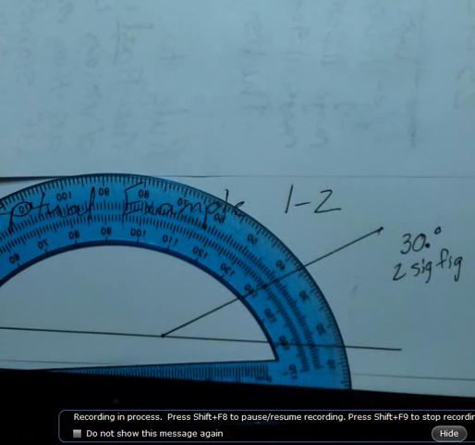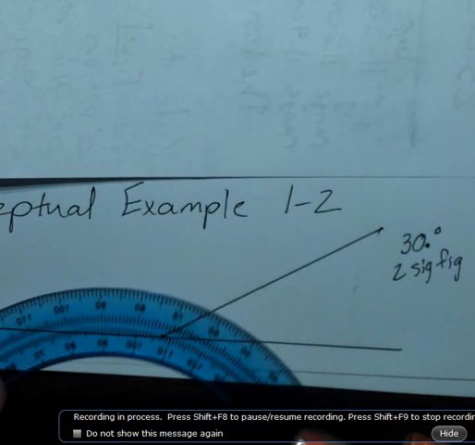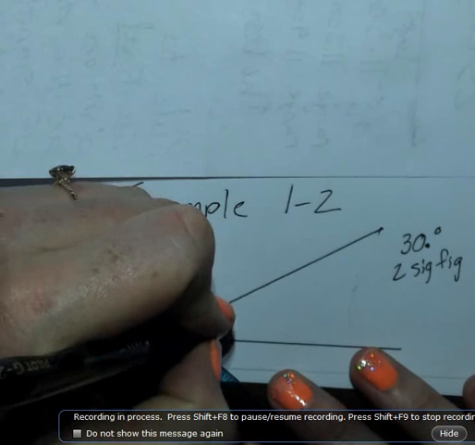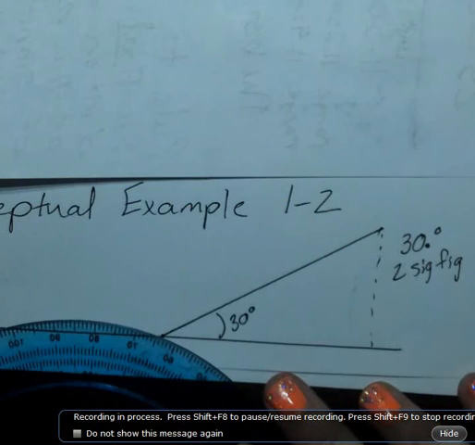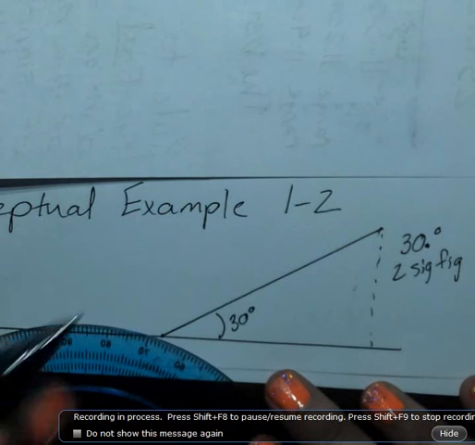And because two significant figures is appropriate, what if we had to find the cosine of that angle? What if we had to do a little bit of calculation with this? This is a 30-degree angle down here, and we needed to know what the cosine of 30 degrees was.